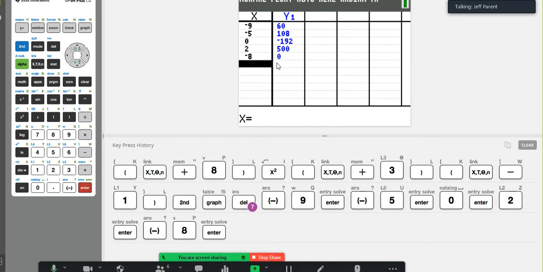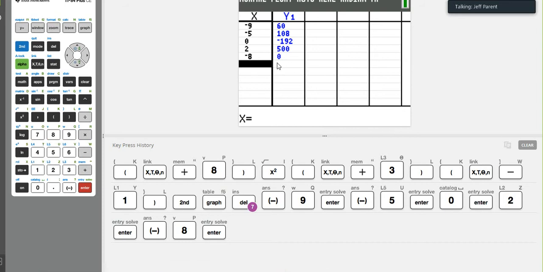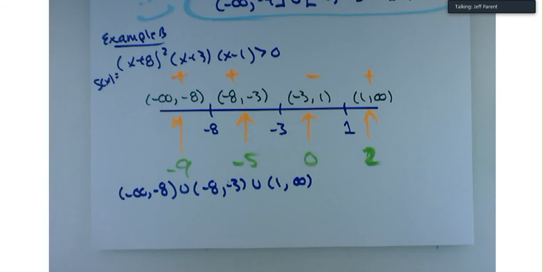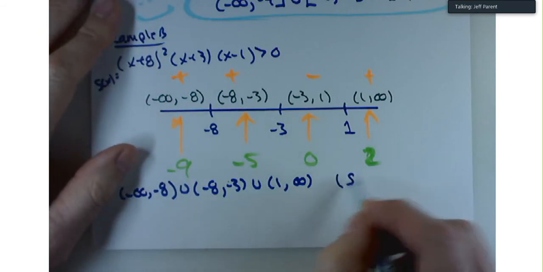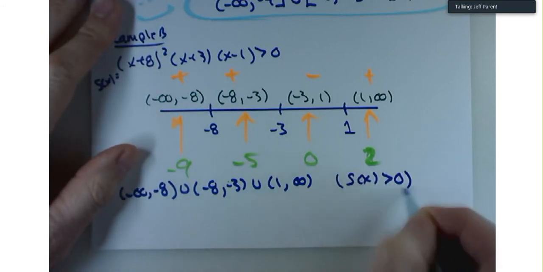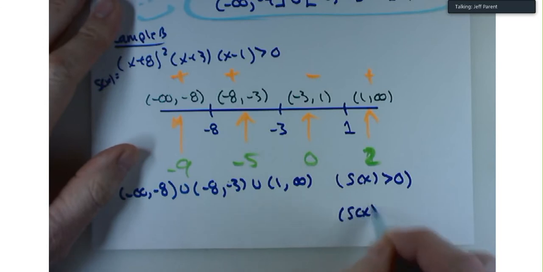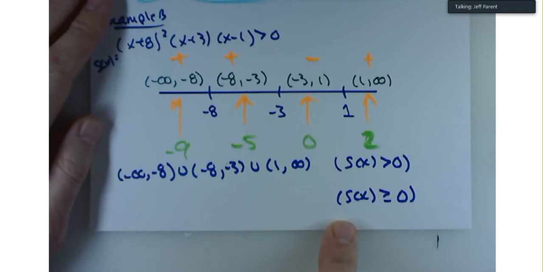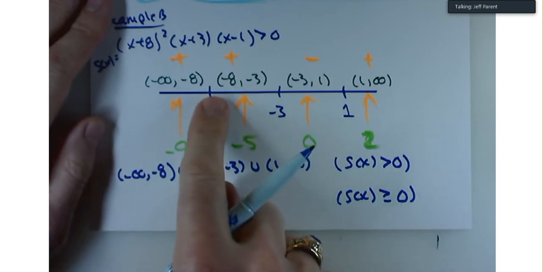Is 0 greater than 0? It's not. It's equal to 0. So if this question was a little bit different, so this is for s of x greater than 0, if I did s of x greater than or equal to 0, that would change things up, because then I could use the -8.